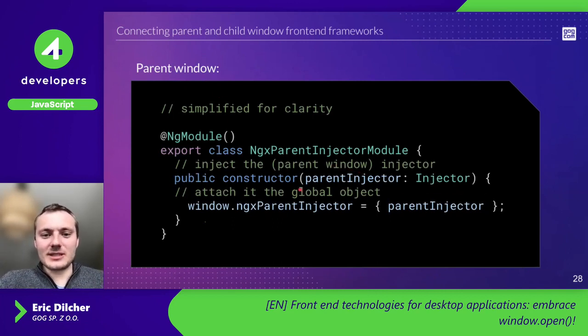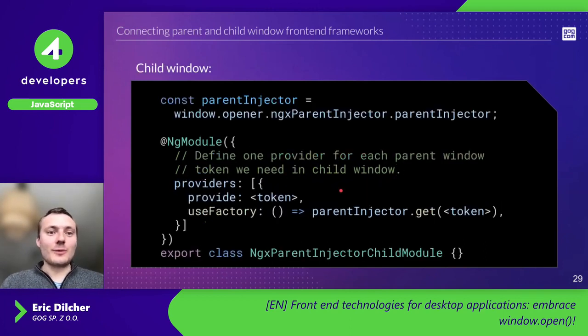In general, what's important is we get a reference to the injector using just Angular's dependency injection system, and then we just attach it to the global object. You can choose the string at random. I chose this name because I ended up naming an NPM package this, so it seemed to make sense. So basically, we get a reference to the parent window's injector, and we attach it to the global object.